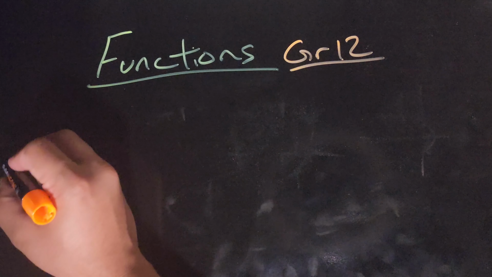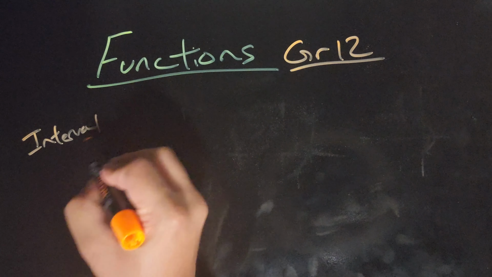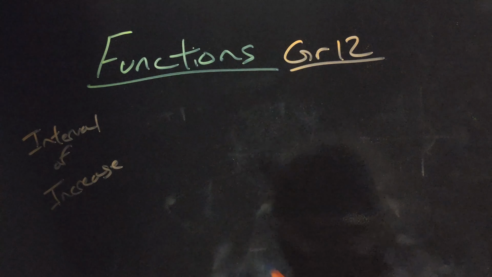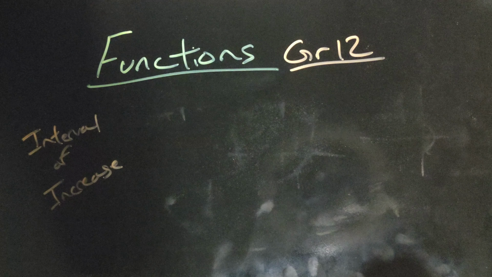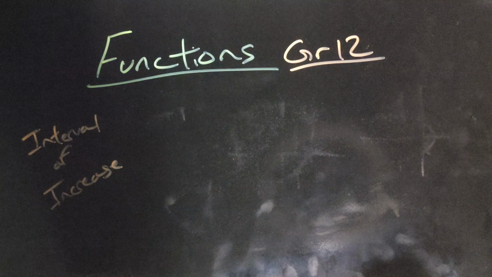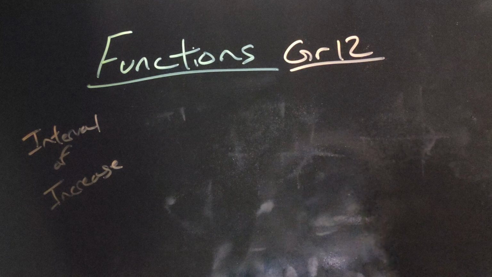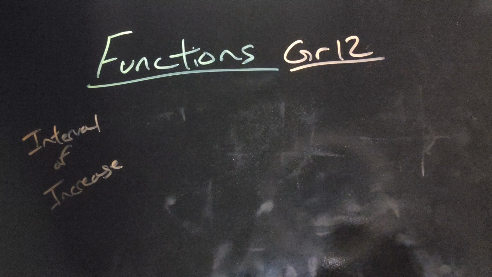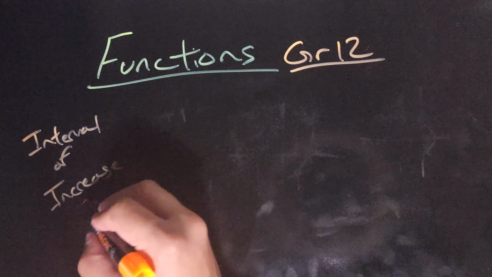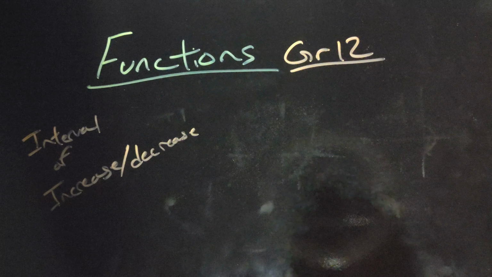Something called the interval of increase. The interval of increase is basically the interval or intervals, it could be plural, of a function's domain where the y values are getting larger, so moving from left to right. And then we also have decrease as well, and that's the exact opposite.